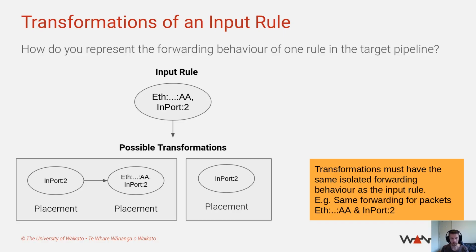The idea is that each transformation will have the same forwarding behavior as the original input rule. And then the next stage will pick a combination of these transformations that has the correct overall forwarding.